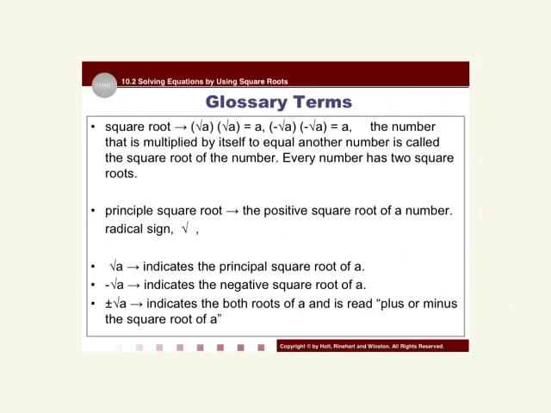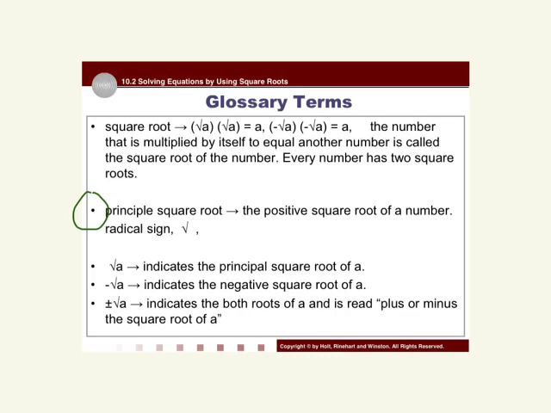Our glossary terms for today: I don't think there's a need to copy them all down. Once again, we talked about the definition of a square root in class today, so that should already be covered. You may want to write down a principal square root. A principal square root is just the positive square root of a number. Anytime you see the radical sign, we're talking about the principal square root.